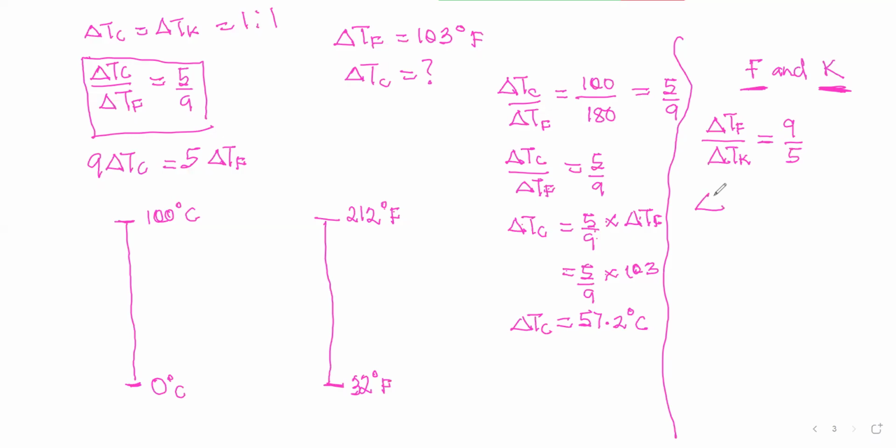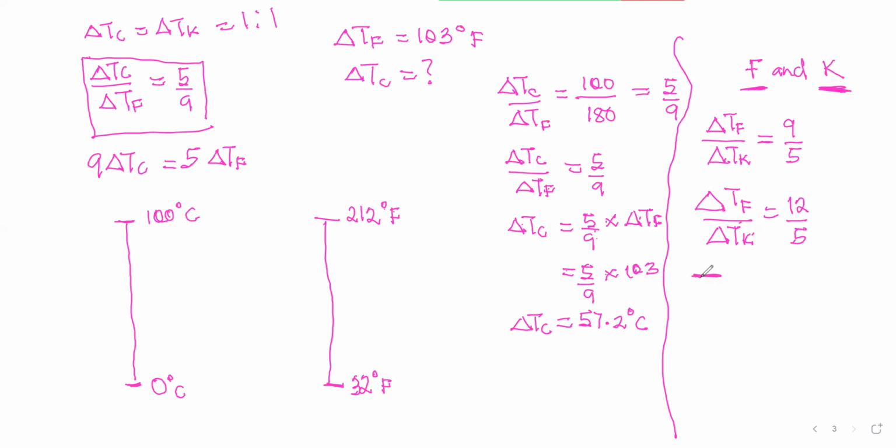I had 12/5, the same TF over TK. And then Frempoma, what did you get? I got 9/5. Let's see.